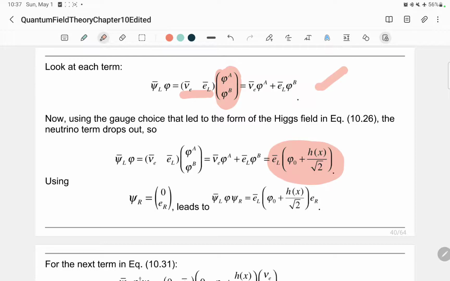And using your psi r, which is this one, which we have set initially, since we set that there are no right-handed neutrinos, we can find that psi bar L phi psi r would just be equal to this.